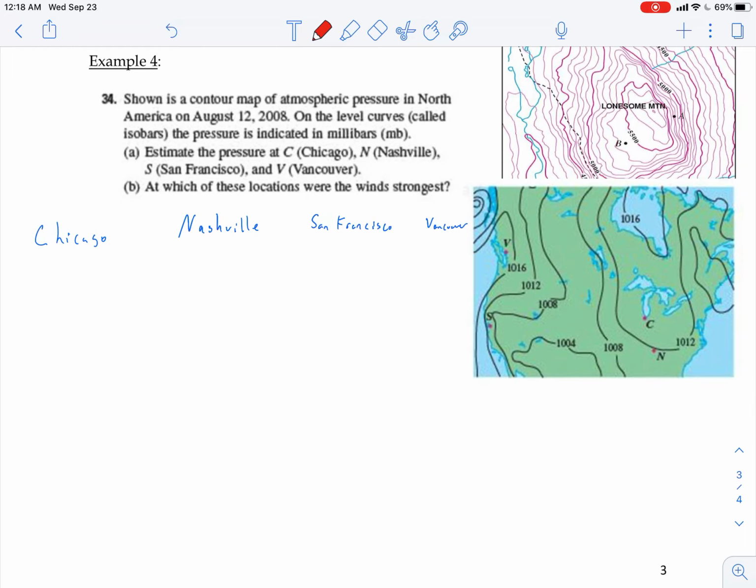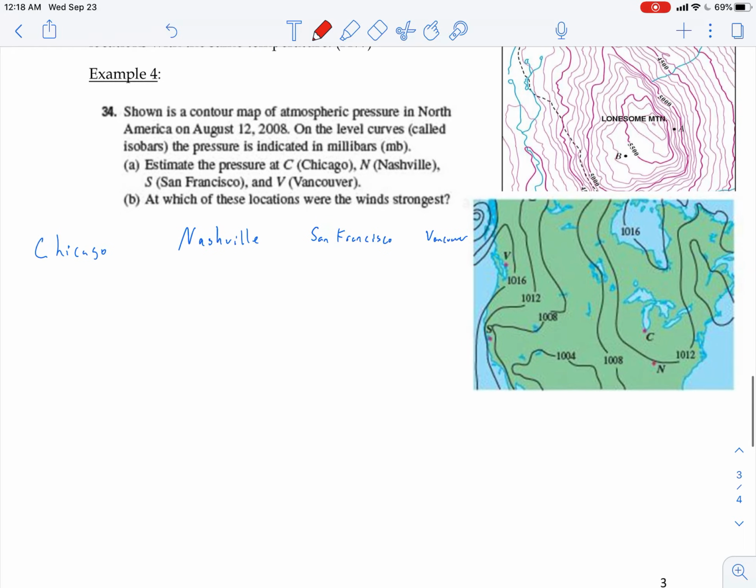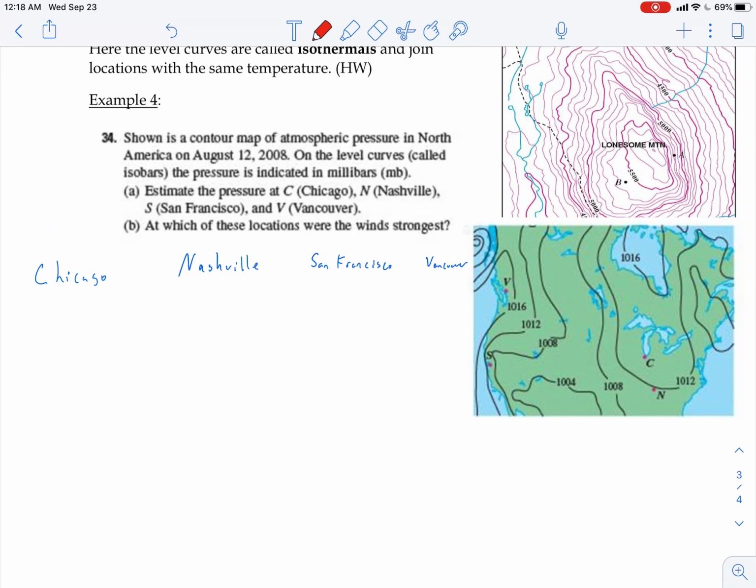So in Chicago, notice the distance between the two isobars at 1012 and then 1016. I'm just going to connect a line right in between those two. Notice that it's closer to 1012, but it's greater than 1012, about a quarter of the way.